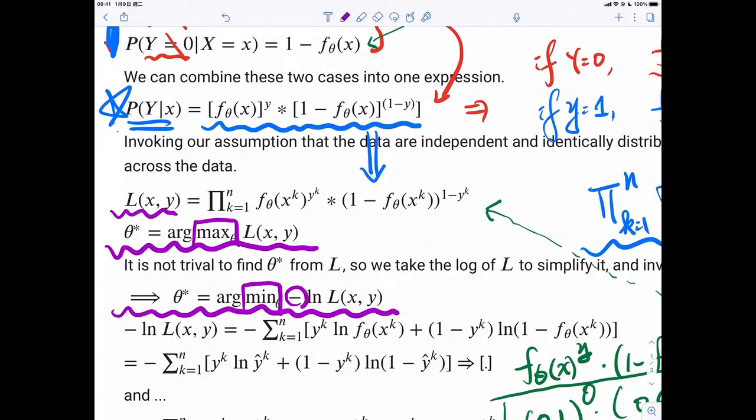That is just because it is more convenient to do partial differentiation to find the minimum value. So the definition is the same.